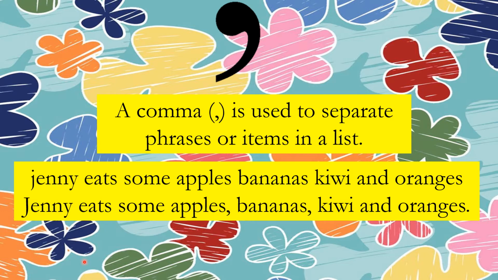Look at the round red circle there, so you can make sure that between the separate items, apples, bananas and kiwis, you put the comma, but you don't have to put one before and, because and is the conjunction between kiwis and oranges.